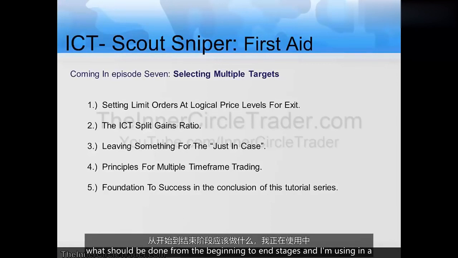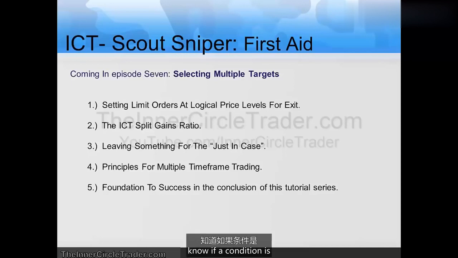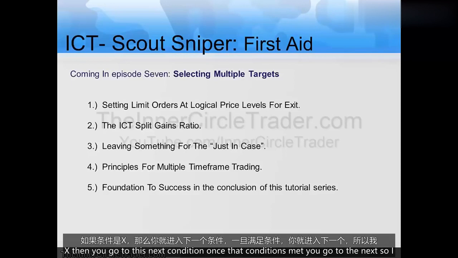And I'm using a flowchart format for the part 8 series, where if a condition is X, then you go to this next condition. Once that condition is met, you go to the next.